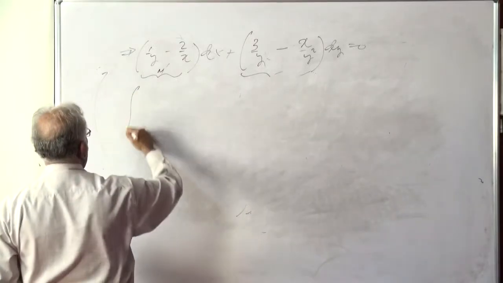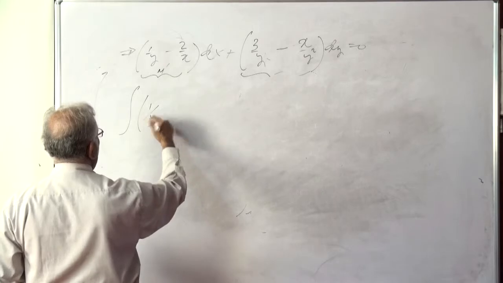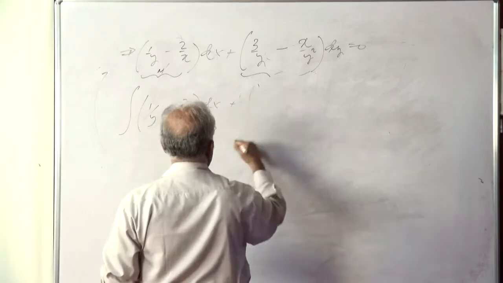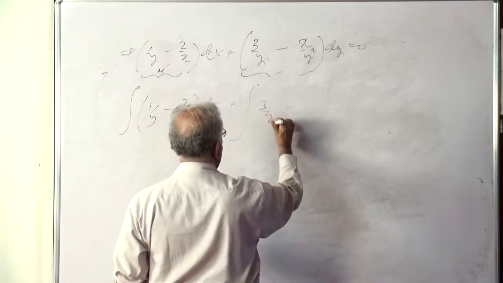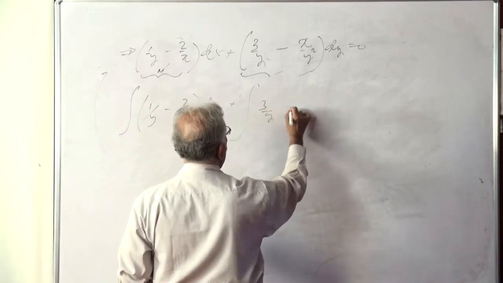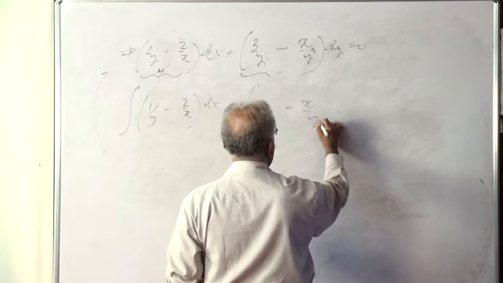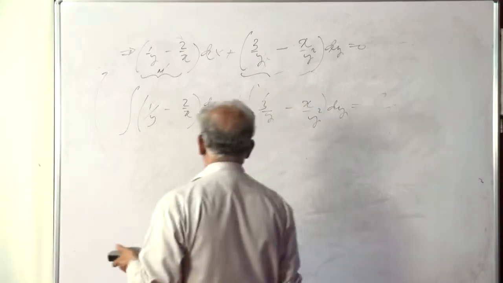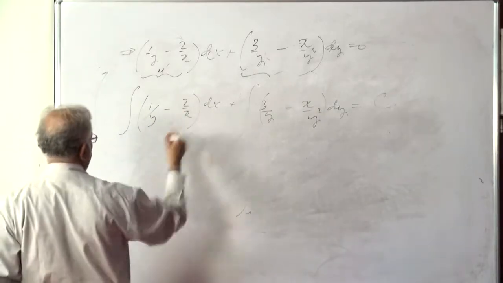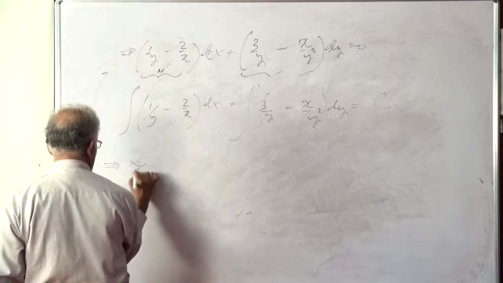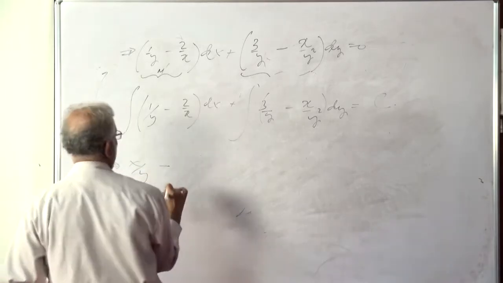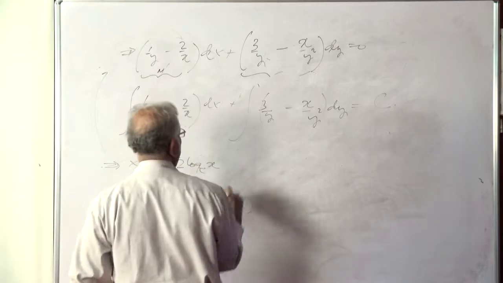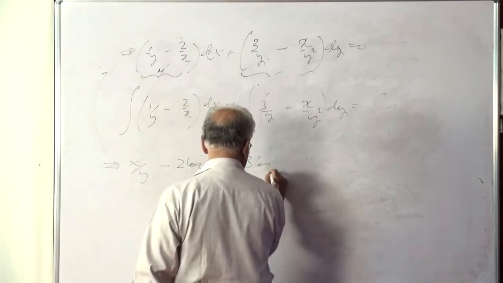we write the integral. If I integrate this with respect to x, I get x over y minus 2 log base e x plus 3 log base e y.